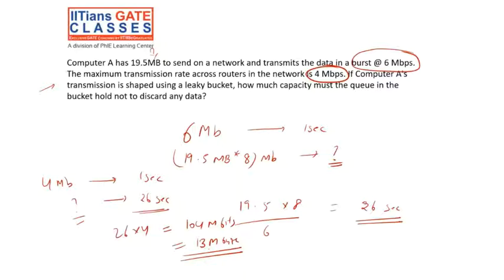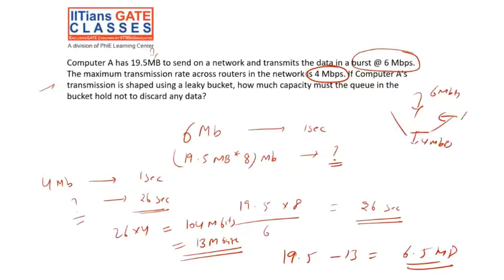So your bucket size: the flow is coming in, and we are sending. Now the queue is storage, where we can store data. So the queue size is 19.5 minus 13, which means 6.5 MB is the queue space. Whatever flow is coming in at 6 Mbps and going out at 4 Mbps, with this 6.5 MB space, there will be no loss of data, because whatever data is coming, data is going.